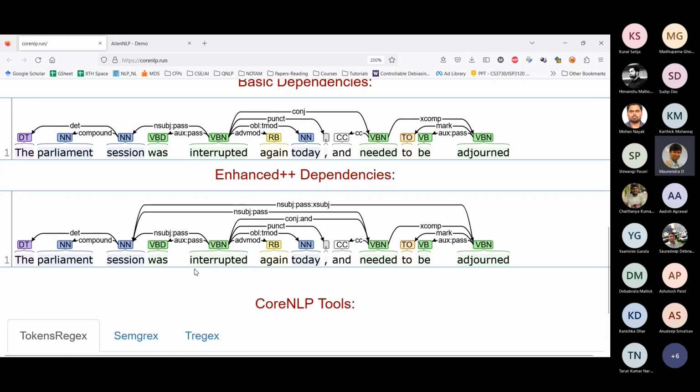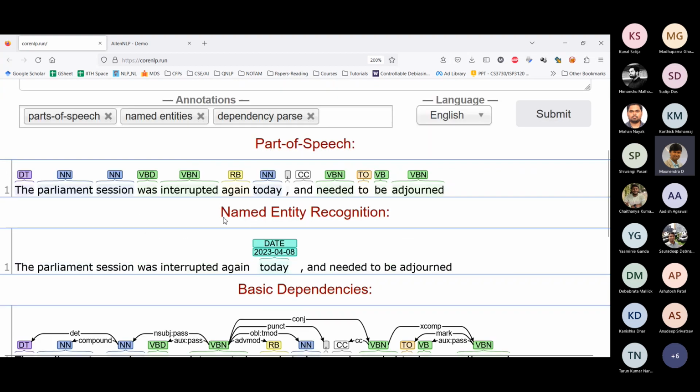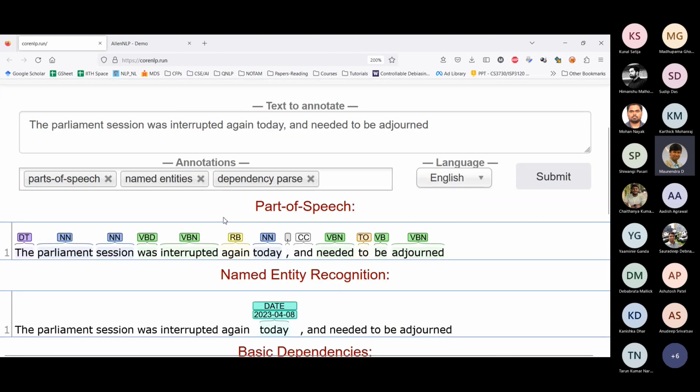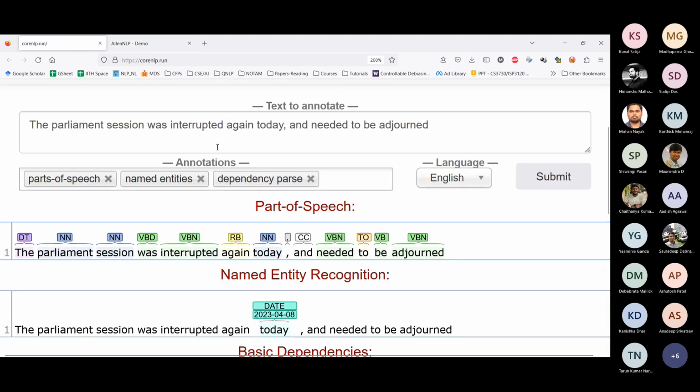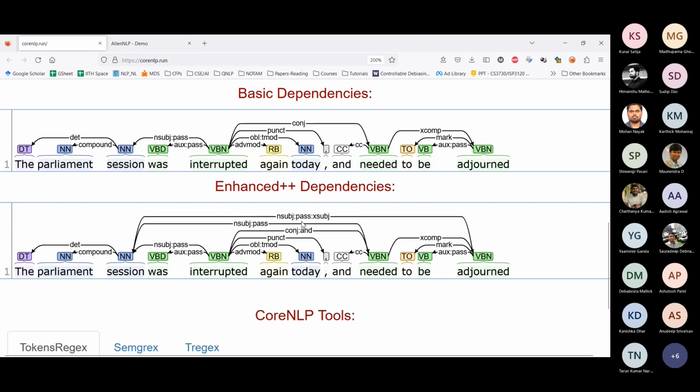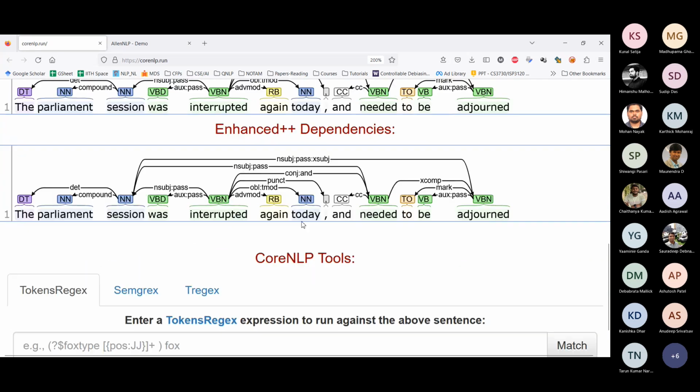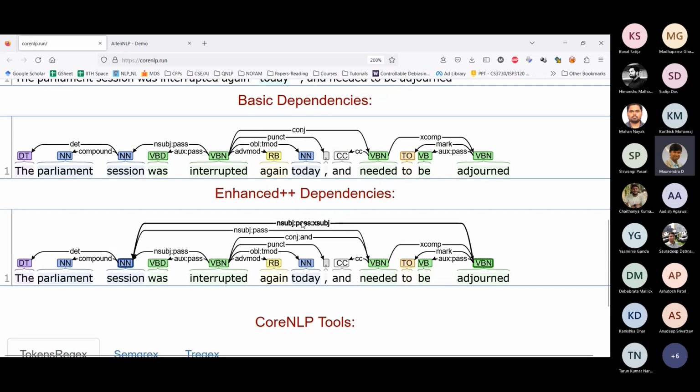Now, can you tell me what will be the root for this? Okay, now this is a little tricky because here we have and to join two things which could be related, and essentially we have two verbs, right?